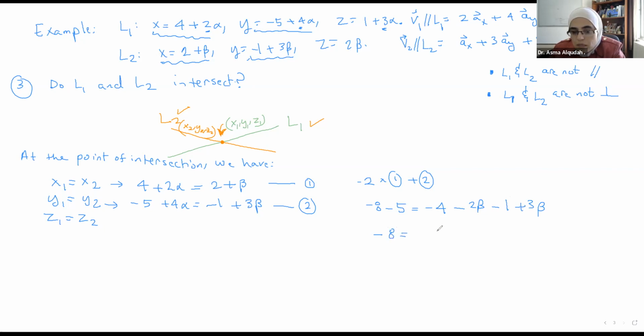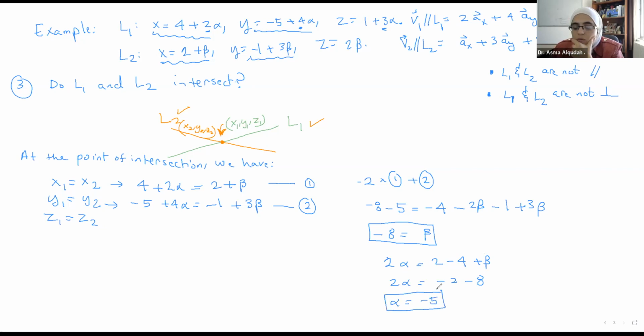Minus 8 should be equal to what? To beta. So at the point of intersection, beta is equal to minus 8. And let's find alpha. 2 alpha is equal to 2 minus 4 plus beta, so 2 alpha is equal to minus 2 minus 8, which is minus 10. So alpha is equal to minus 5.